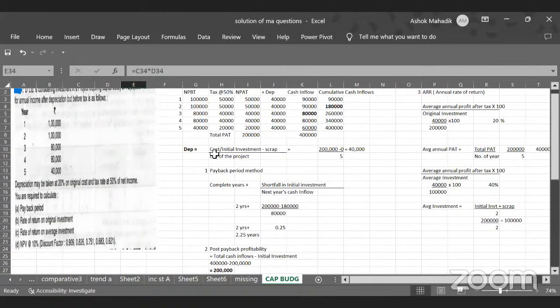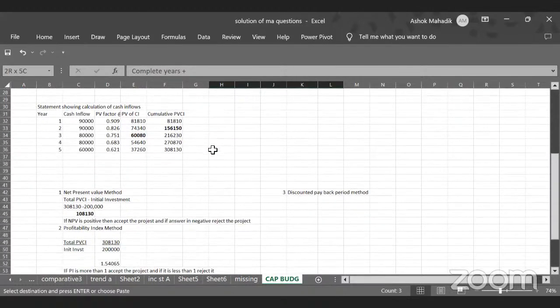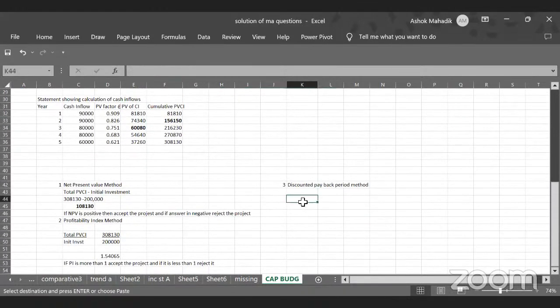So the same formula again: complete years plus the shortfall. At least 2 complete years will be required, plus how much is the shortfall?